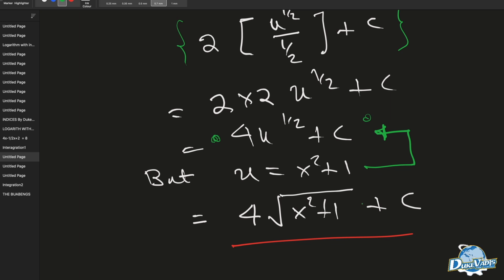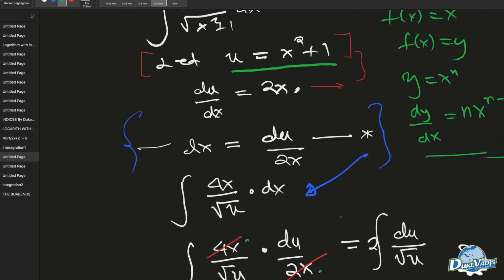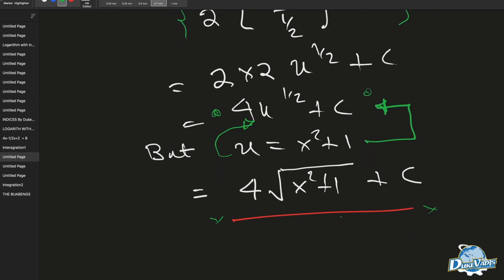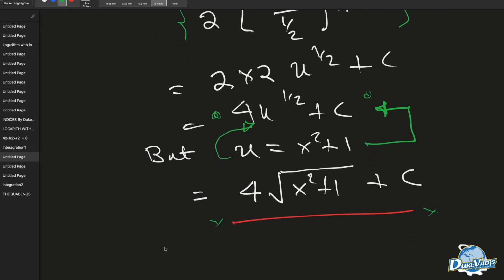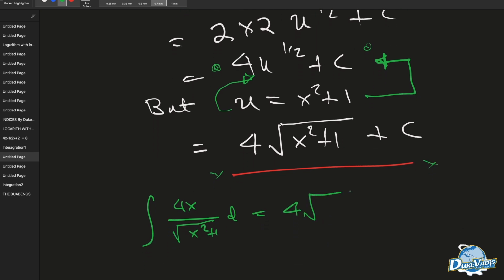So we have to put u back, and finally we arrive at this, which is the integral. So in a nutshell, if you integrate 4x all over the square root of x squared plus 1 dx, our answer is 4 times the square root of x squared plus 1, plus c.